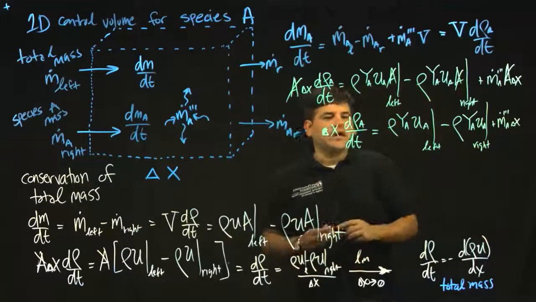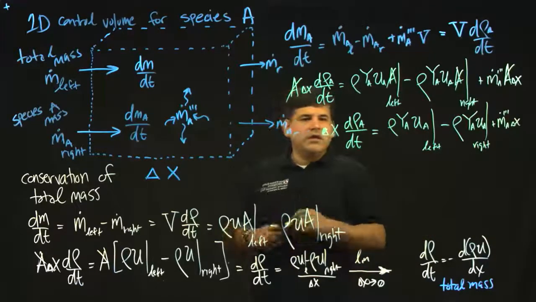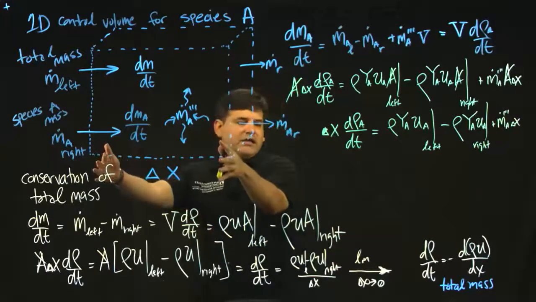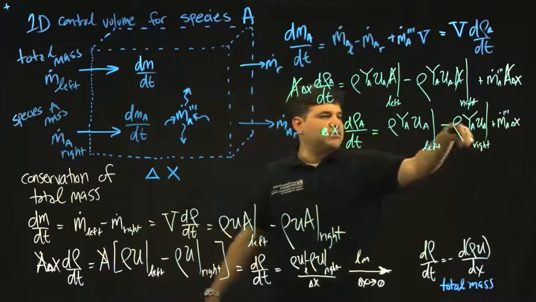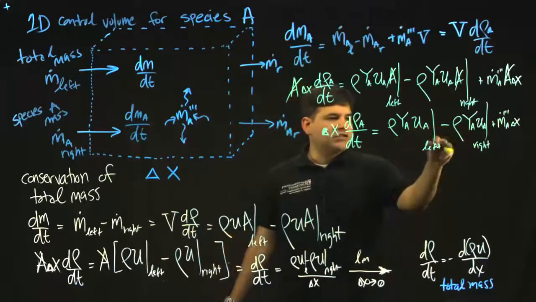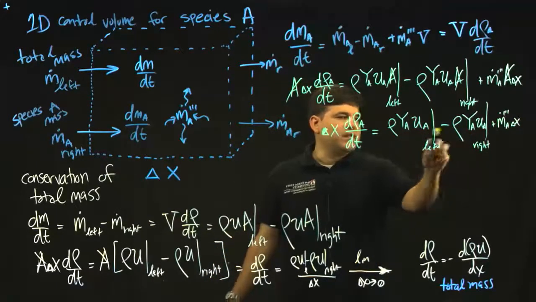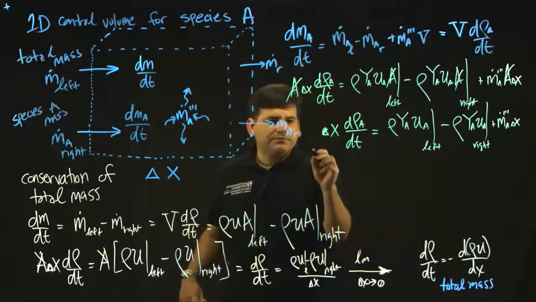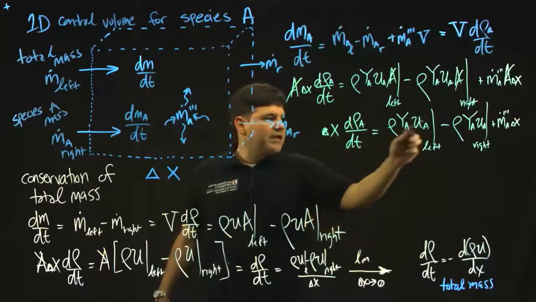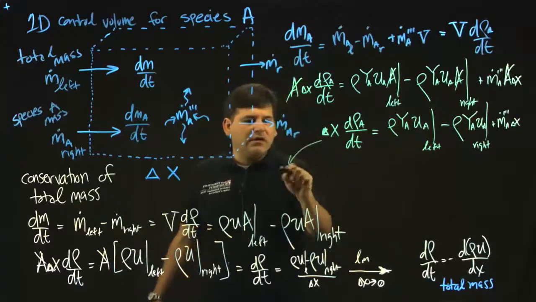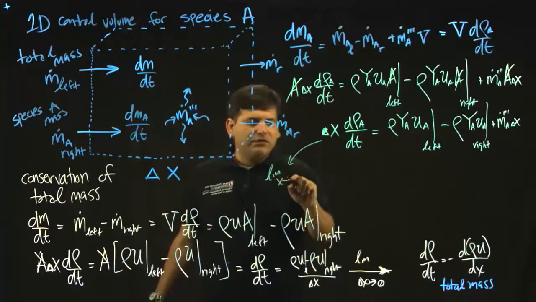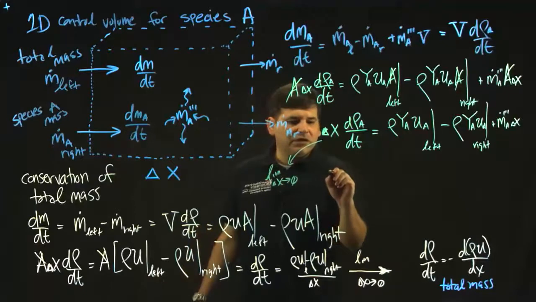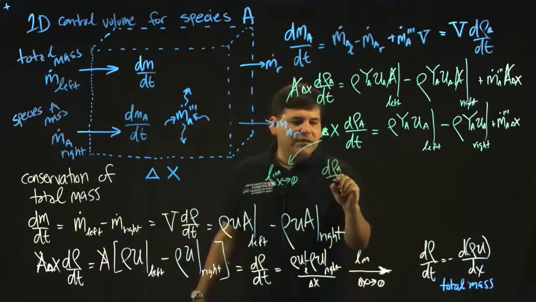So the area is canceled out, and again, we can take this incremental change in the x direction, express that in terms of derivative in this control volume, converting these to a differential form here. So dividing all these by delta x, the x cancels out there. Again, in the limit of delta x goes to 0, you get this differential equation for only species A.